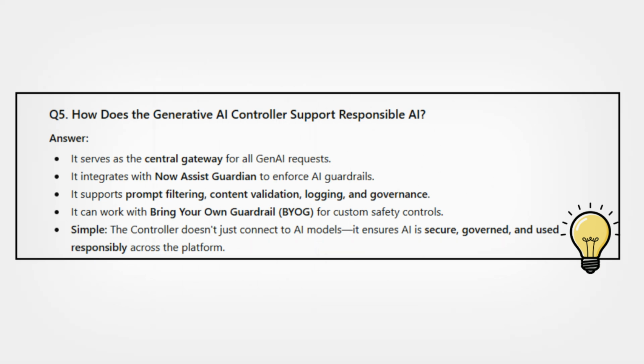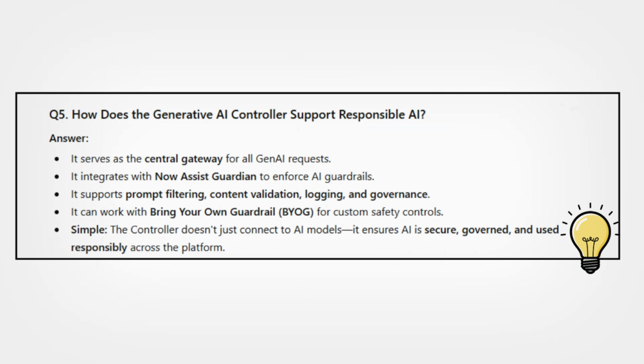If we talk about Guardian, Now Assist Guardian is a platform component that ships with the generative AI controller. Okay. It provides guardrails like prompt filtering and content check. There is one more feature which is known as bring your own guardrail. Okay. BYOG. With this feature, organizations can connect their own external safety services into the current ServiceNow Guardian.